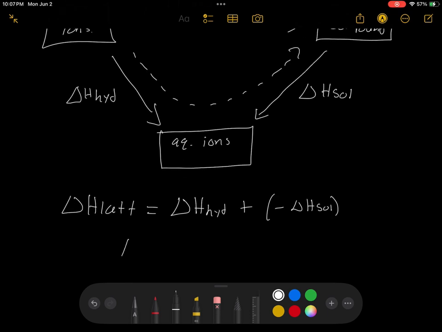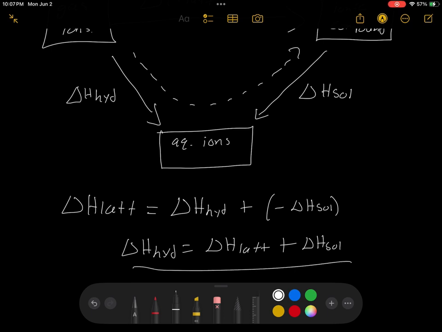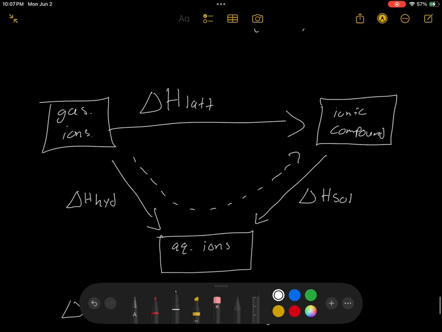So what that means is delta H hydration is equal to delta H lat plus delta H solution. It helps to memorize this equation, but if you ever forget it, you can always look back to this Hess's cycle and derive it from here.